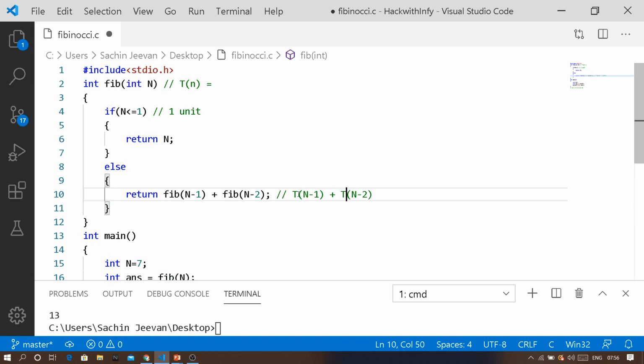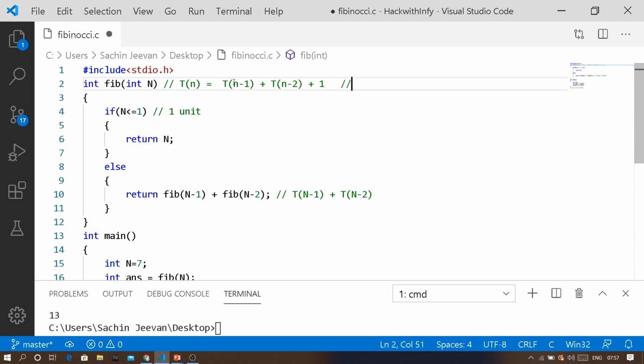Fibonacci of n is taken as T of n, so Fibonacci of n minus 1 is taken as T of n minus 1, and Fibonacci of n minus 2 is taken as T of n minus 2. So T of n is equal to T of n minus 1 plus T of n minus 2 plus 1.